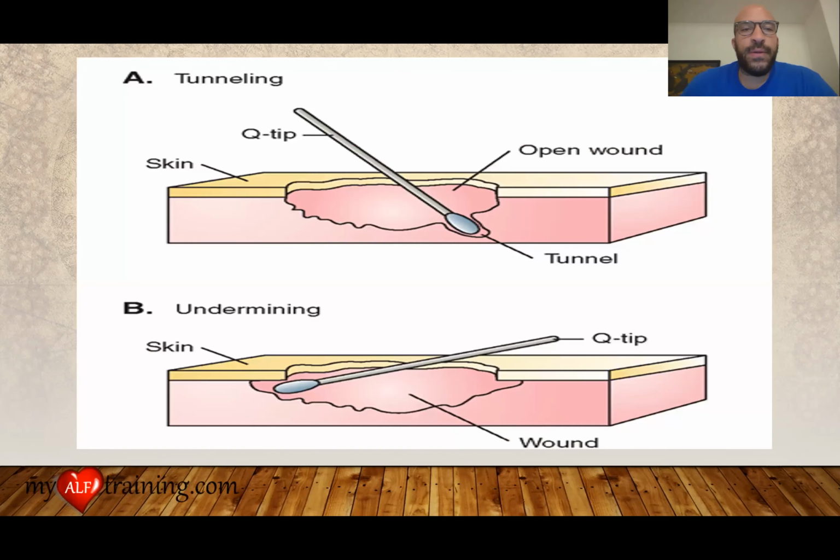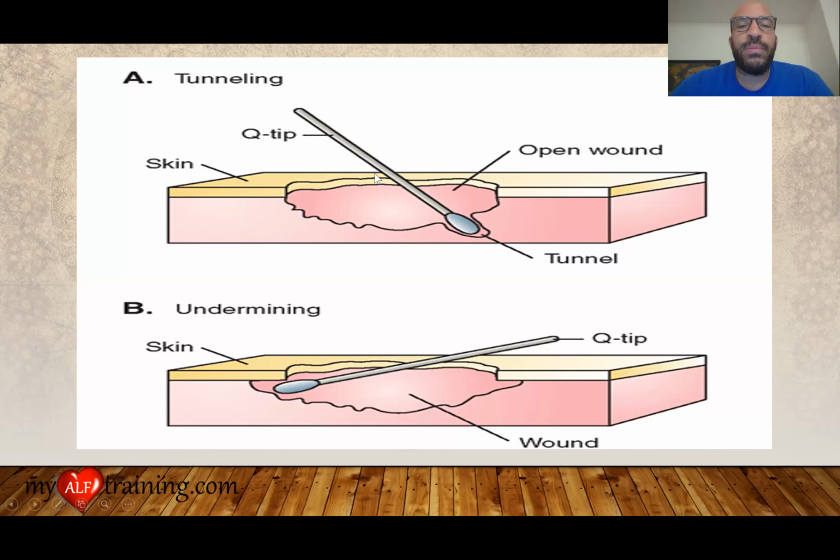All right. So now we're going to talk about measuring the wound. This, as you remember, was the third most important thing when we are conducting our assessment of the skin. So as I demonstrated, but now I have a picture here, the Q-tip should be inserted into the wound to the deepest part.